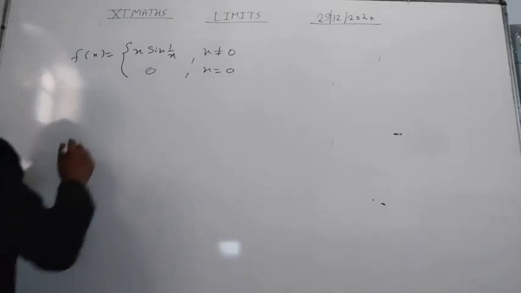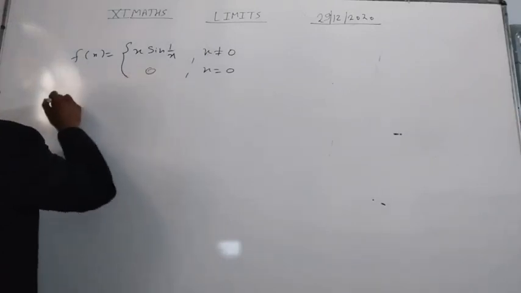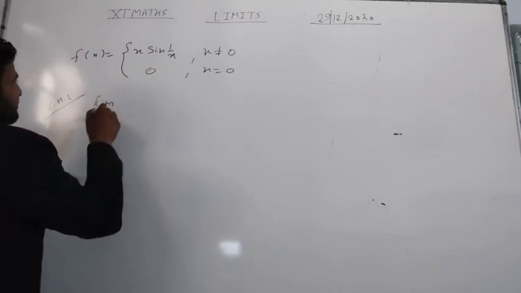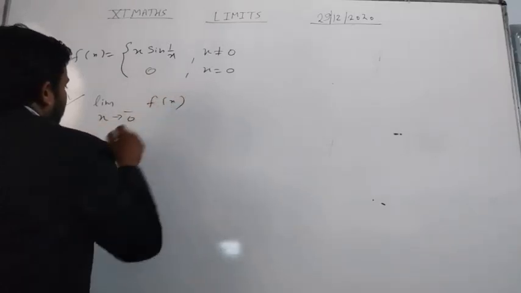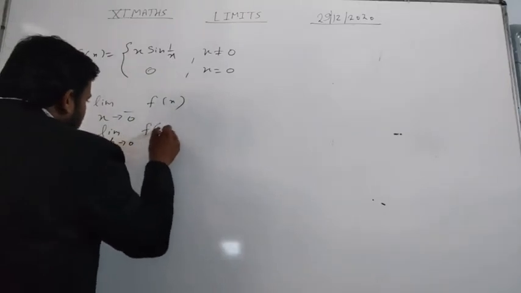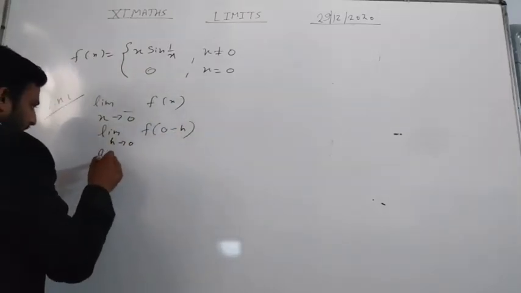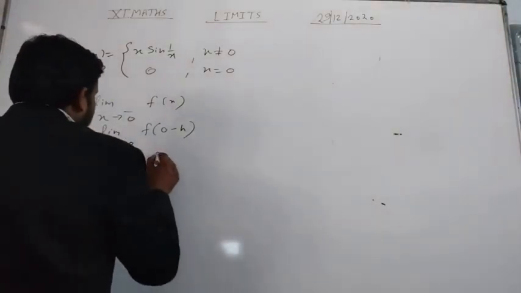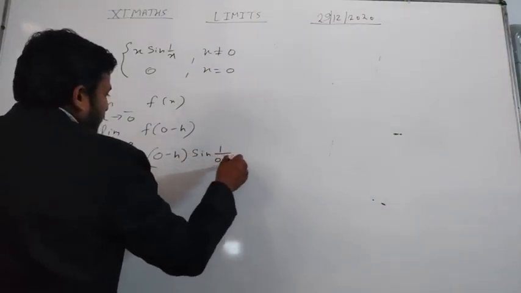Now student, first of all we will find the left hand limit in this question. So limit x tends to 0 minus f(x). We write limit h tends to 0 of f(0 minus h). So we write (0 minus h) sin 1 by (0 minus h).